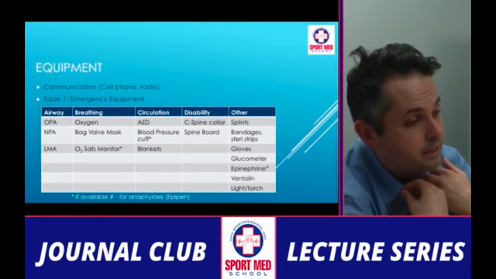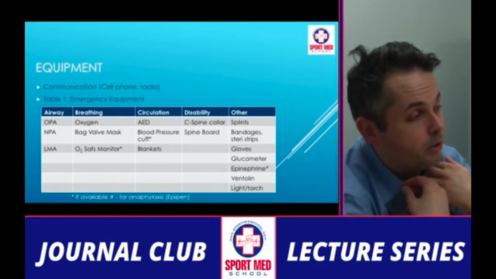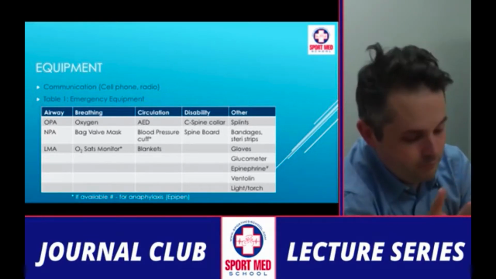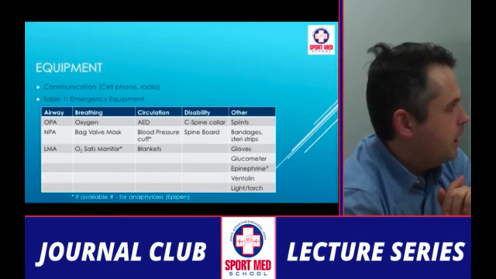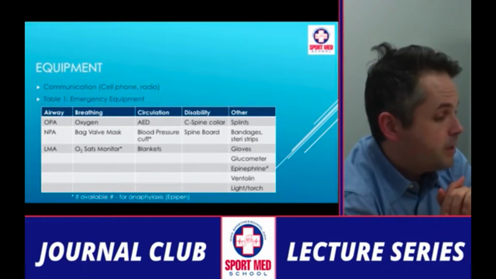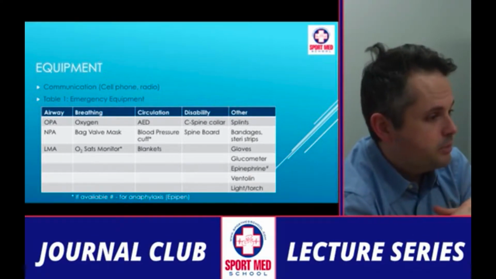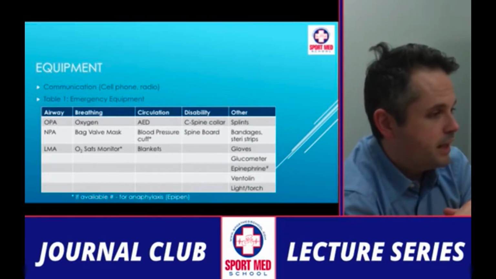Locate the cricothyroid membrane underneath the thyroid cartilage, and go in. Now, these are obviously life-saving maneuvers, but to be perfectly honest with you, the chance of that happening is quite rare.